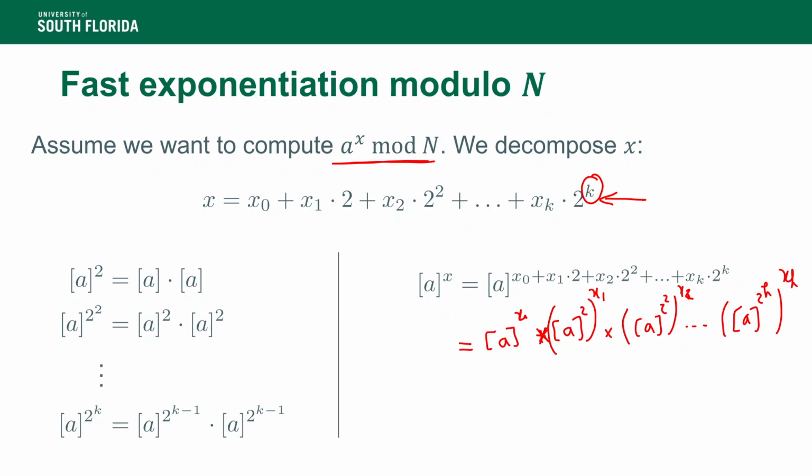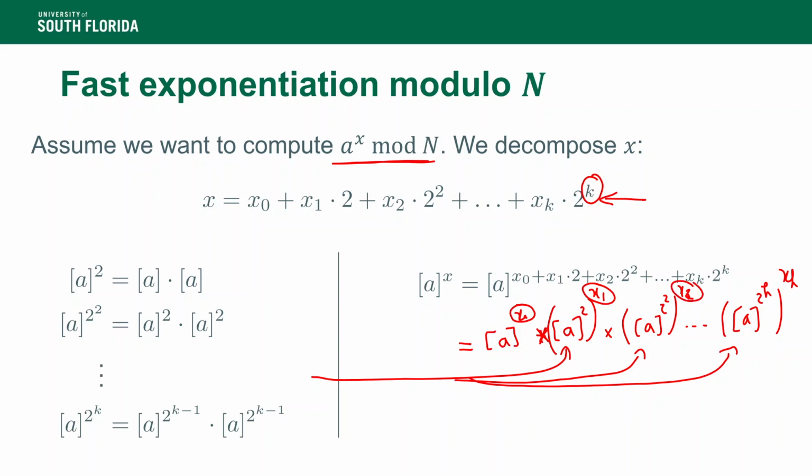Each of these elements comes from our pre-calculation, and so we're just multiplying them together. But we decide whether or not to put them in this product with respect to the values of the xi. If an xi is 1, then that value that we pre-calculated is going to occur in the product. If not, then we simply skip it in the product.